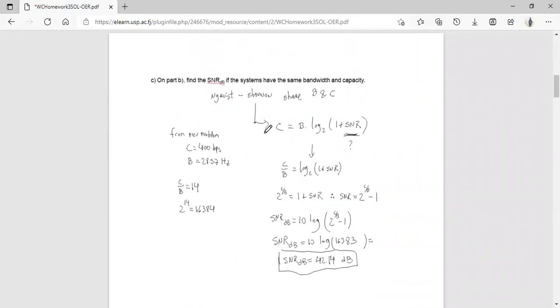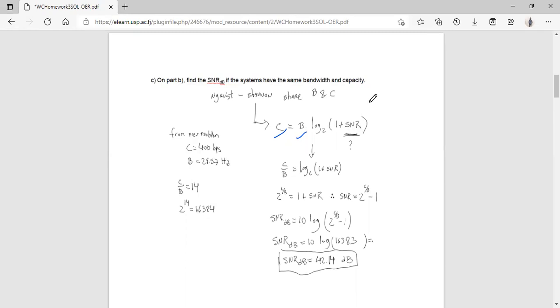SNR is basically related to Shannon's channel capacity theorem, which is given by C is equal to B log base 2 of 1 plus SNR, right? Now we know our C, we know our B value. We need to find SNR.